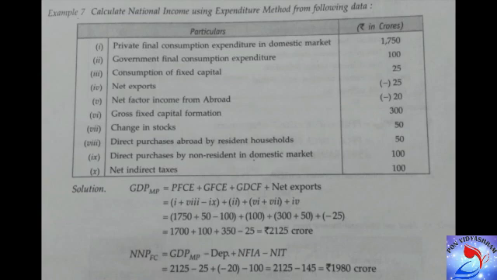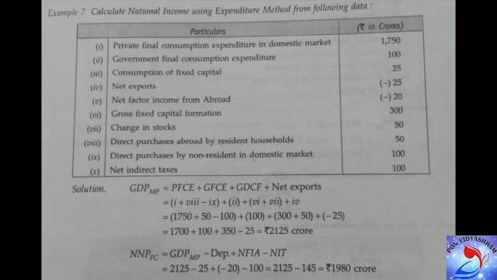Then GFCE is 100 and GDFC is 300. With that we add change in stock, that is 50. Then net export is minus 25. So the answer is rupees 2125, the GDP at market price.